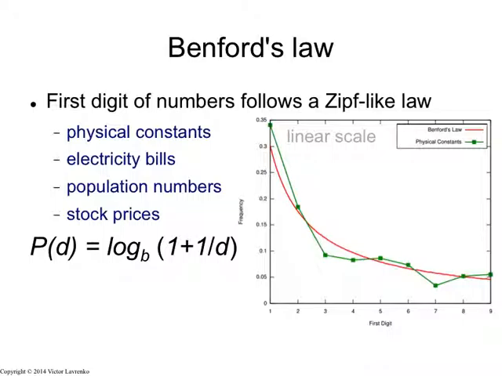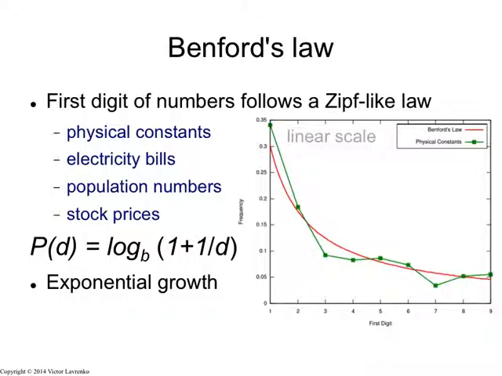The particular trick here is it's not just any numbers; it's naturally occurring numbers. If you generated a bunch of random numbers, this wouldn't be the case. For random numbers, you'd actually get a uniform distribution. Now, what's true about naturally occurring numbers is a lot of the time they have exponential growth patterns.